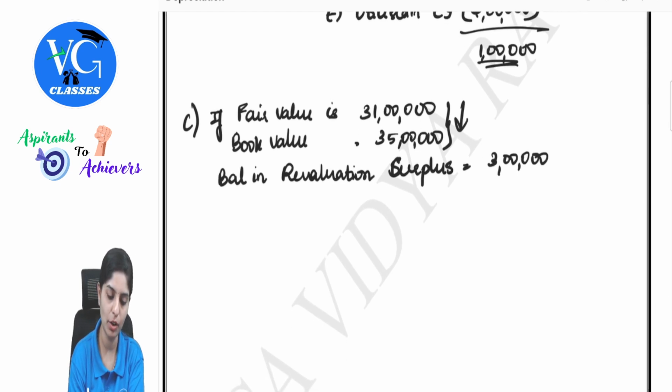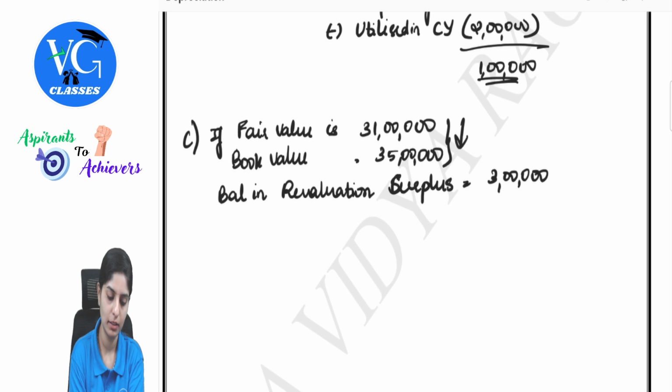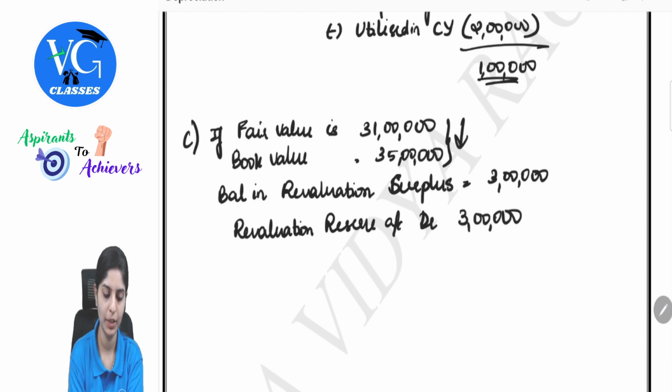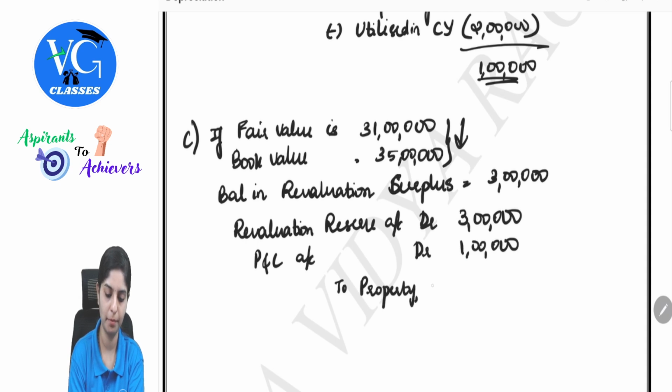So how will this be recorded? First, revaluation reserve account debit. I'll make use of complete 3 lakh. Then extra 1 lakh will go to profit and loss account, to property, plant and equipment account.